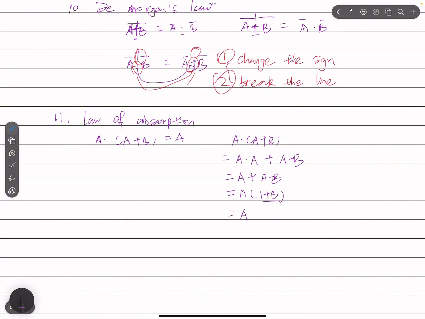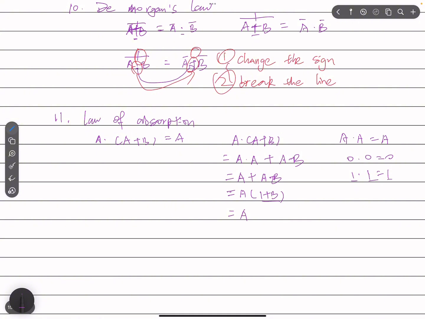I always try to think of it in terms of math. So A times (A plus B), if we use the distributive law, will be A times A plus A times B. And A times A is just A itself, because if A is 0, 0 times 0 is 0, and 1 times 1 is 1, so it's always itself.